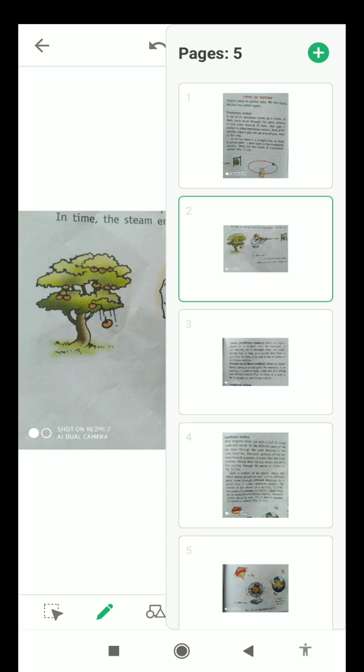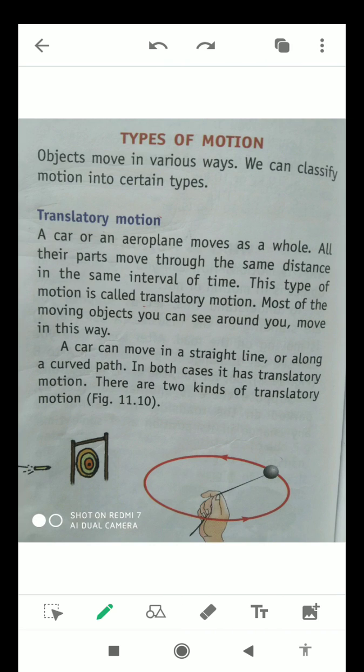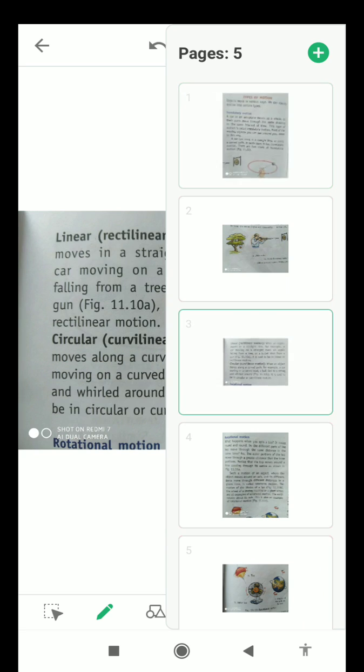And another example, when you tie a ball to a string and you move it in a circle, then it is also a curvilinear motion or translatory motion, because curvilinear motion is a type of translatory motion.